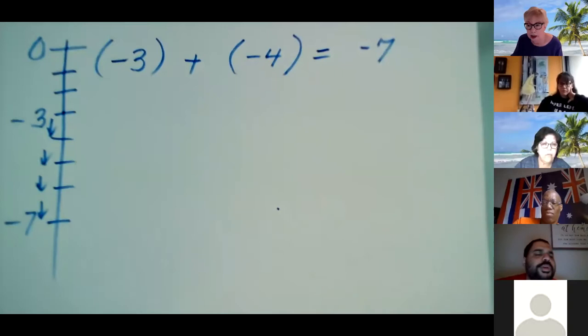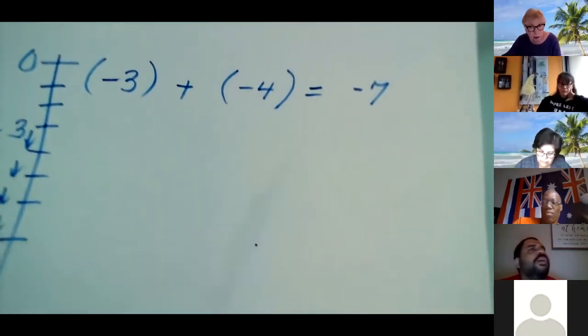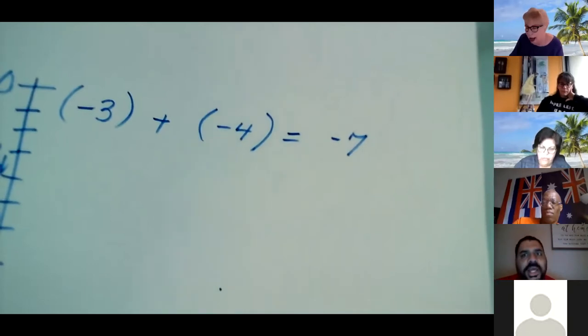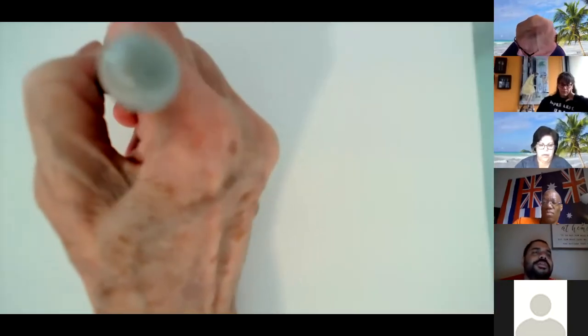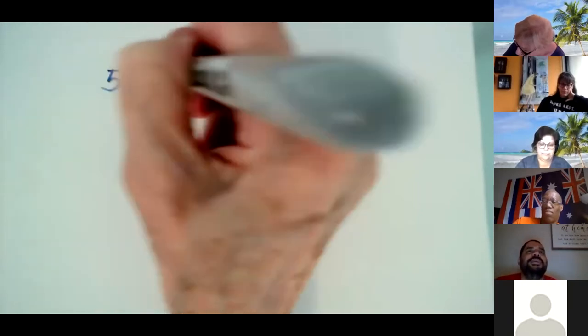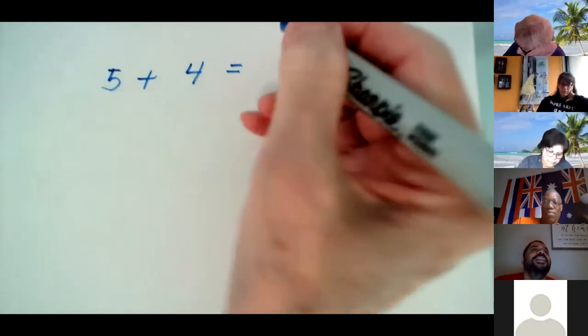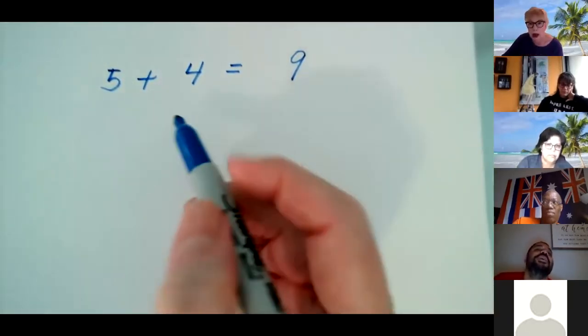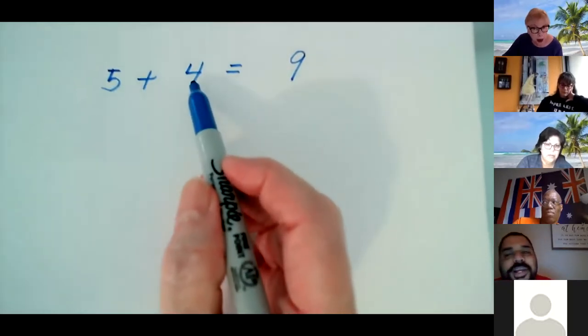One way or the other, there's something that's got to work. Now, the other approach to adding positive and negative numbers is just to memorize some rules. And so I'm going to hit you with this one. So when I had this problem here, the two numbers were both positive.